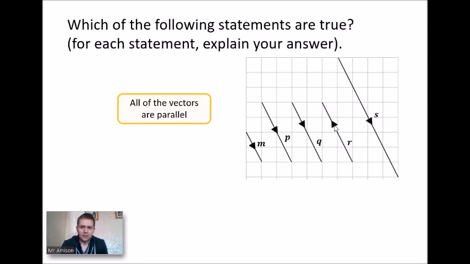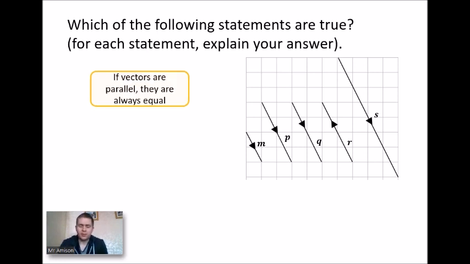This point to this point is one right, two down. This one is one right, two down, and it's the same. You can pick any point on any of these lines and it's the same thing. You can go one right and two down from any point on the line to get to any other point on that line. Therefore, these vectors are parallel.